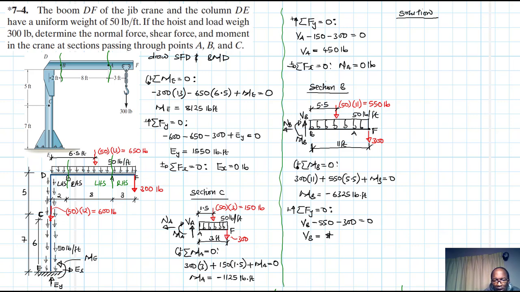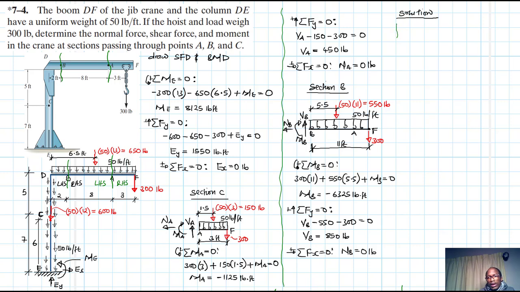This gives us 850 pounds. And then summation of forces in the x direction equal to 0, we expect NB to just be equal to 0 pounds. Great.